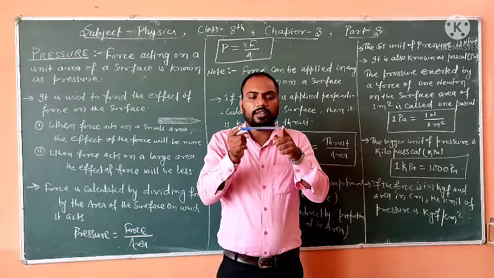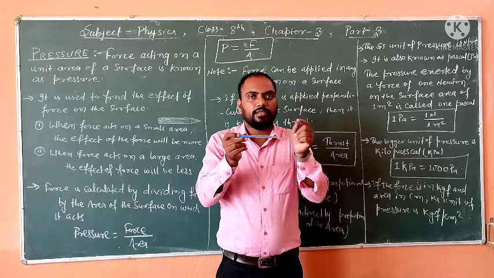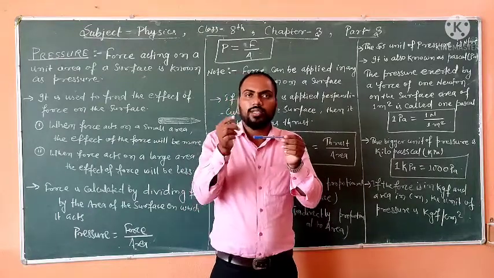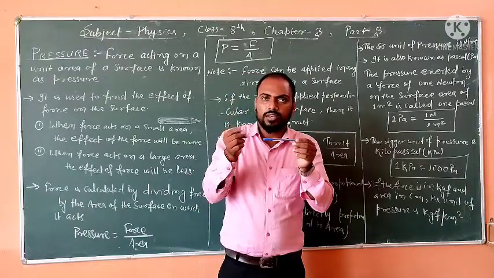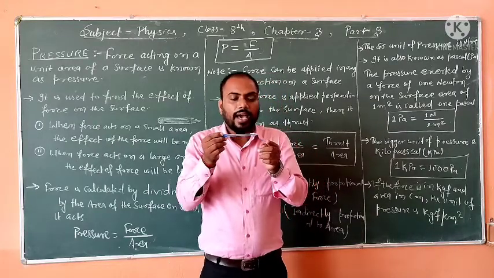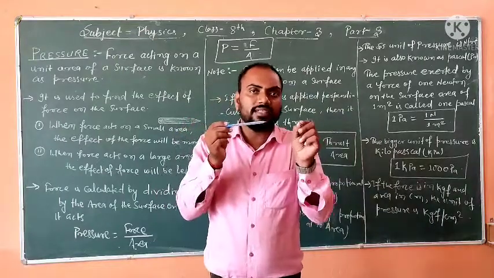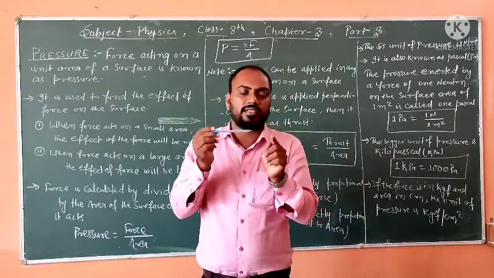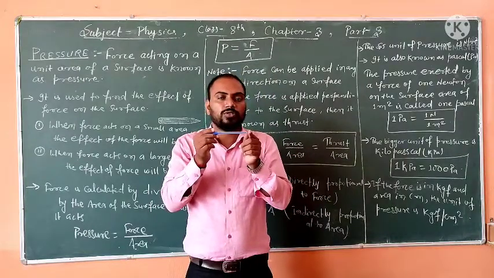You will find that there is pain in the finger where the nib is. Why is there pain there, and why not in this finger? It is only because of pressure. As the surface area of the nib is very small, the effect of force is more over there.